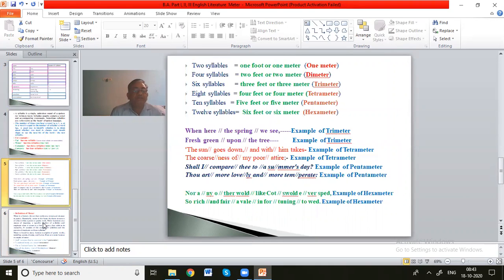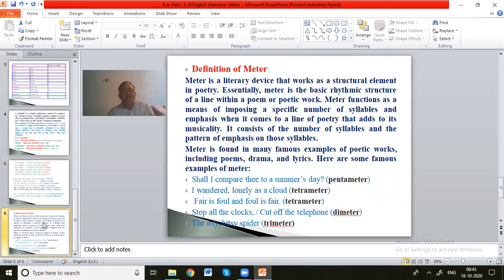Now, after having this much discussion, let us come to the technical definition of meter. So we can say meter is a literary device that works as a structural element in poetry.